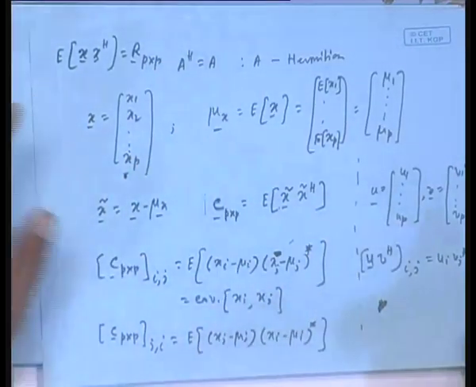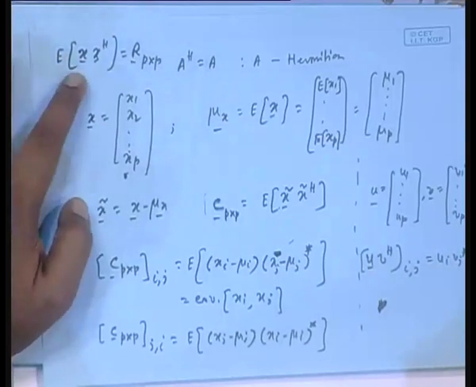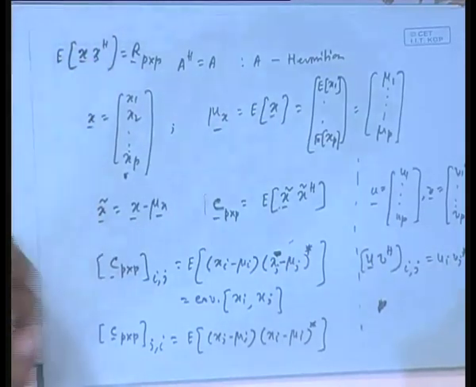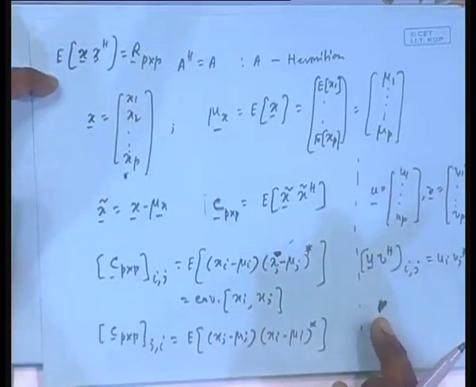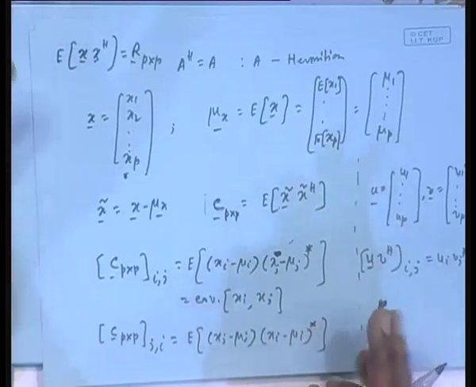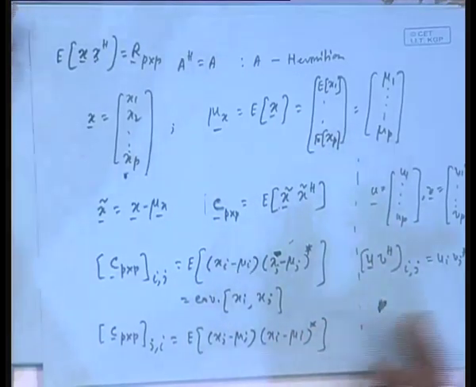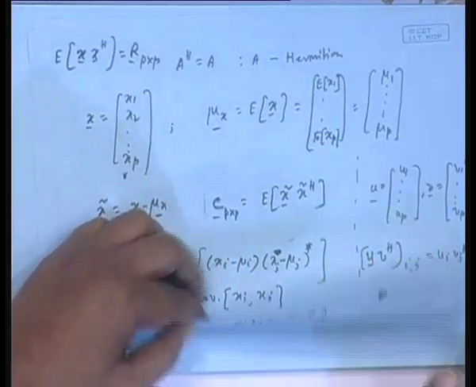This also is Hermitian, which you can easily see by the structure: expectation of something into something transposed, Hermitian, isn't it? And this becomes the same as this when your mu x is 0. For 0 mean processes, 0 mean random variables, correlation and covariance are the same.